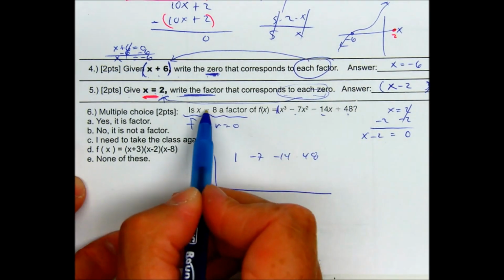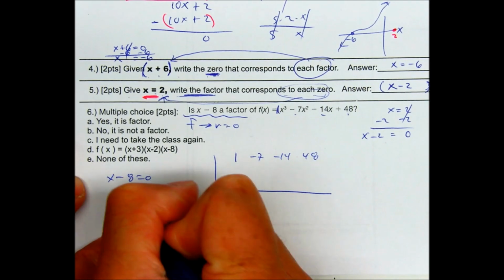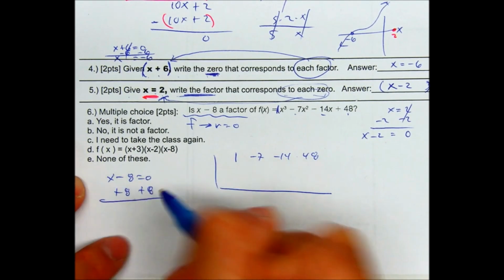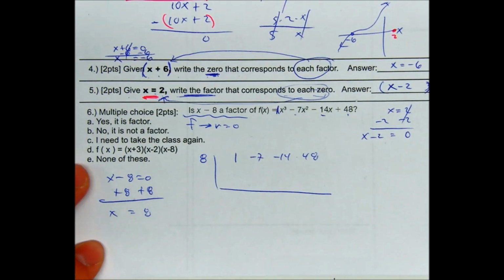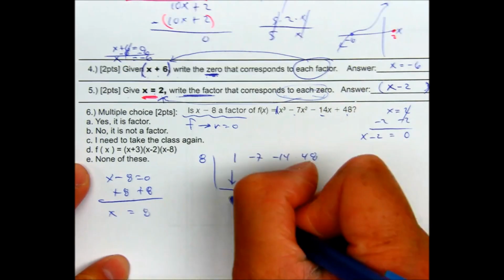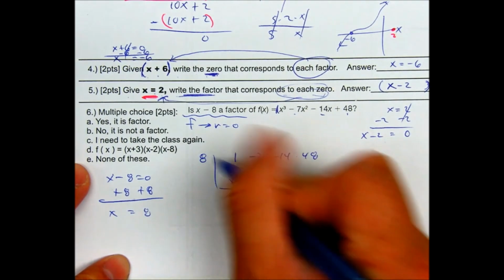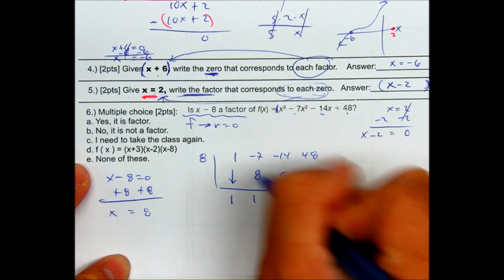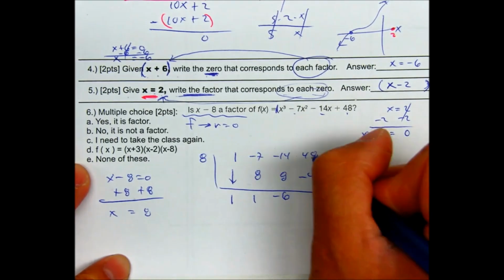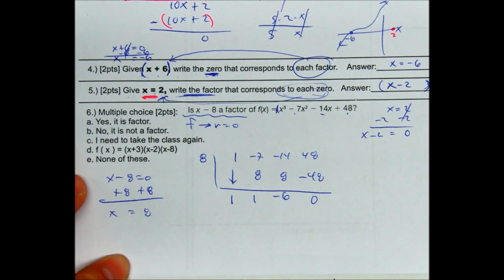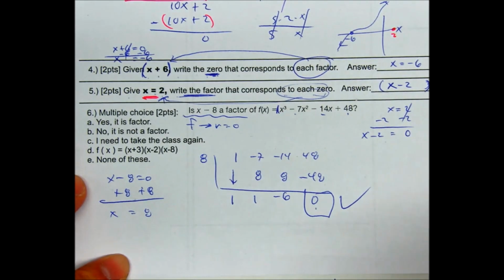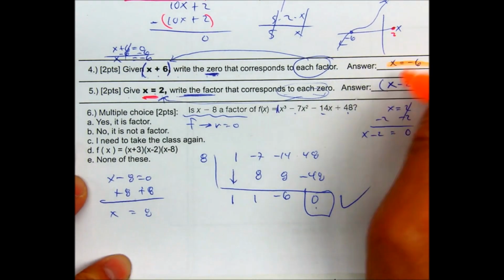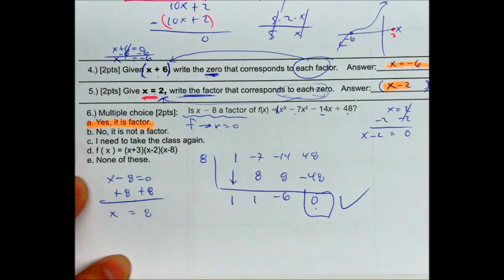And then x minus 8, you set it equal to 0, add 8 to both sides, and you will get x equals 8. Synthetic division: bring this down, multiply, add, multiply, add, multiply, and add, then you get a remainder of 0. If you have a remainder of 0, then yes, it is a factor. So my answer is yes, it is a factor. So that's how I would do it.